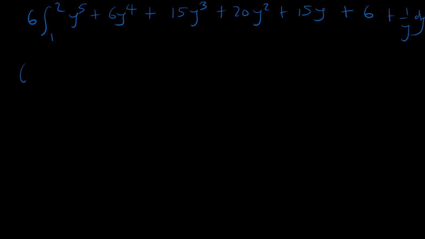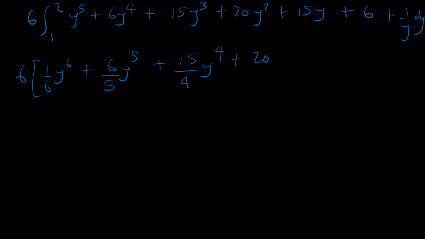And so we have here now 6 times y to the 6 over 6 plus 6 over 5 y to the 5 plus 15 over 4 y to the 4 plus 20 over 3 y to the 3 plus 15 over 2 y squared plus 6y plus log y, from 1 to 2.